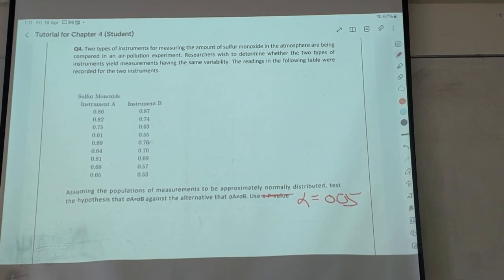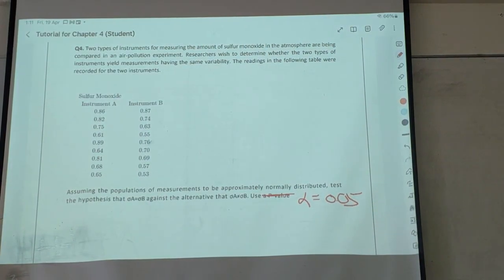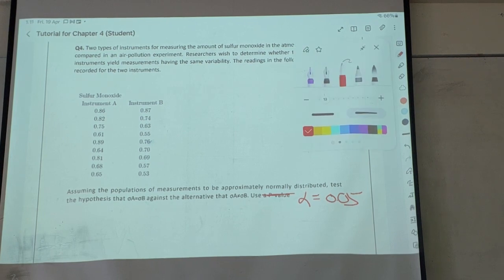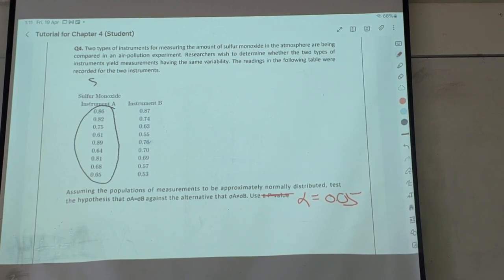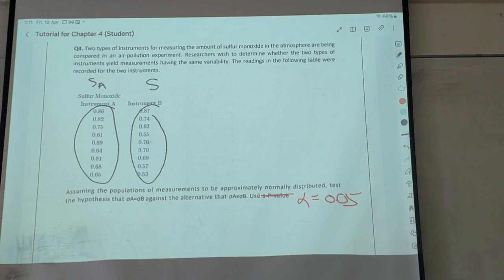They provide you the information, but they do not provide you the sample. The most important thing we must have from here is the mean.